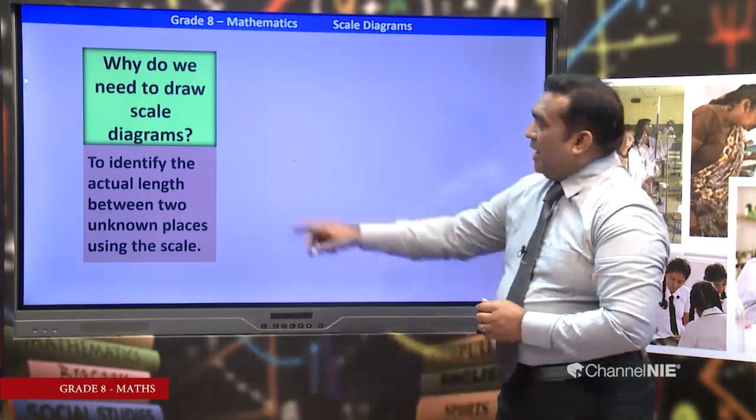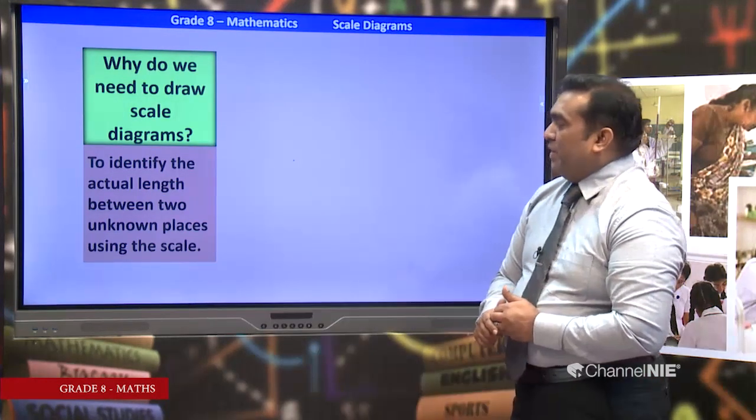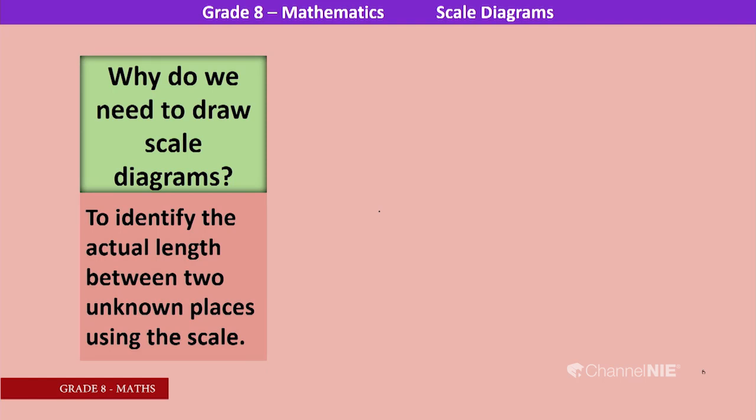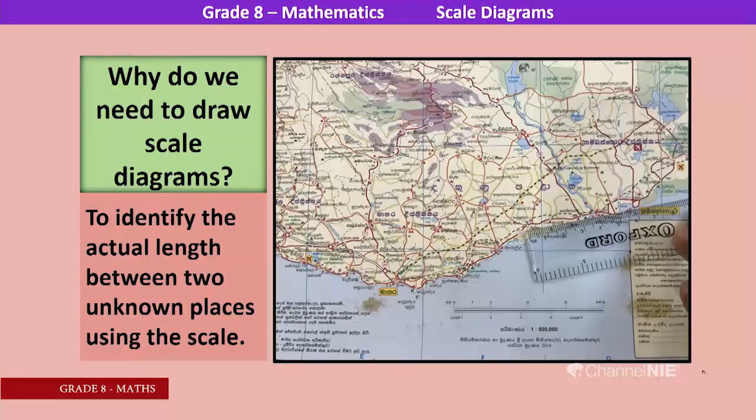Next one, to identify the actual length between two unknown places using the scale. If you want to find out the actual length between two unknown places, you can use a scale diagram. If you want to find out the distance between Kurunegala and Kandy, you can measure that distance using centimeters, and to find out the actual distance between the two cities, you can use the scale.